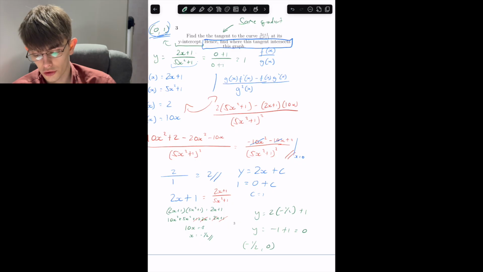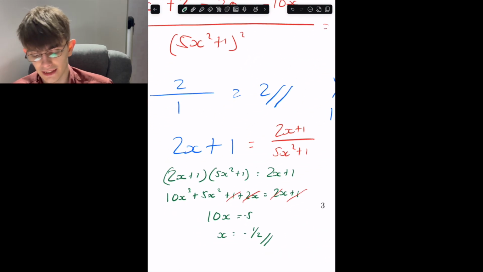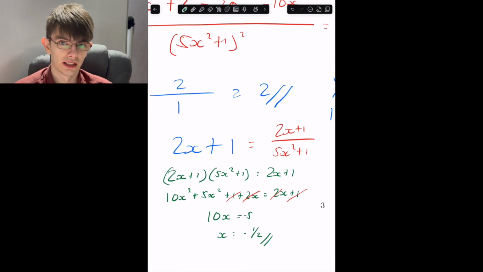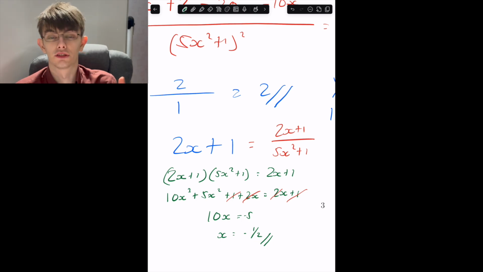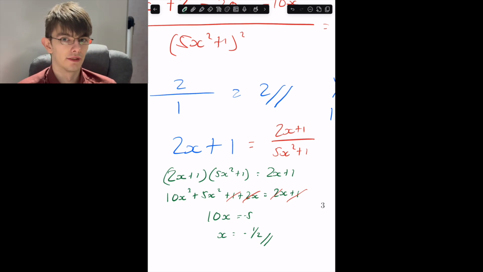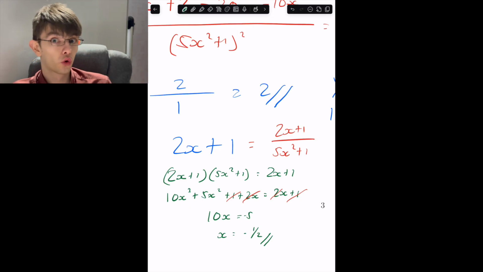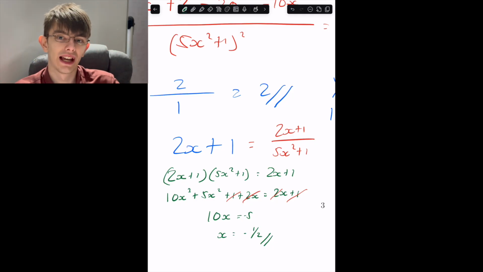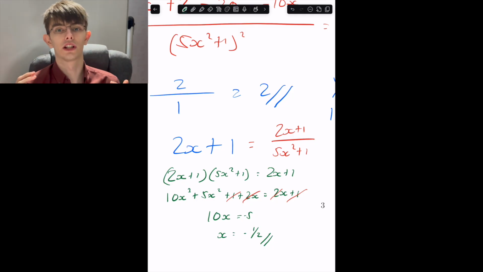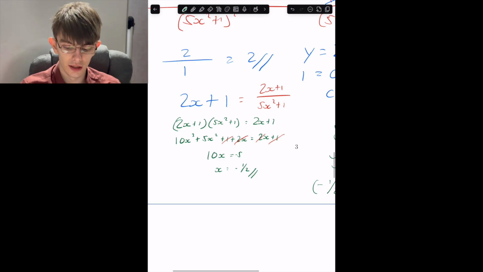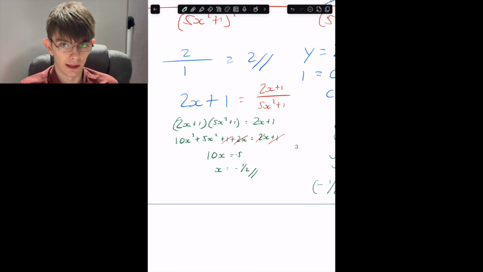So just a quick word on why on earth this is happening. Why can I not just cancel the 2x plus 1 immediately? Well, I'm going to relate this to trig, as all amazing things are usually related to trig. When you're solving a trig equation, you might have noticed that if you try to cancel out a sine or a cos on either side of the equation, you end up missing values. This is because whenever you divide both sides by the same thing, you're basically ignoring the fact that it could be zero.